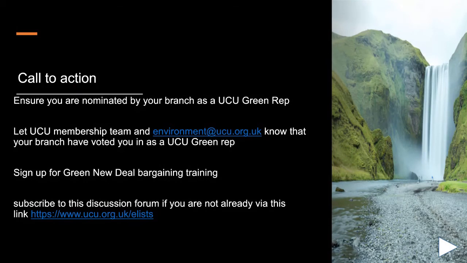What that means is we know you are out there and we know you exist, and because we're not directly linked to branches, unless you access the membership team and environment, we don't know. Then we can put your name alongside the branch in terms of who to contact on environmental issues. So just make sure that formal notifications come through to us.